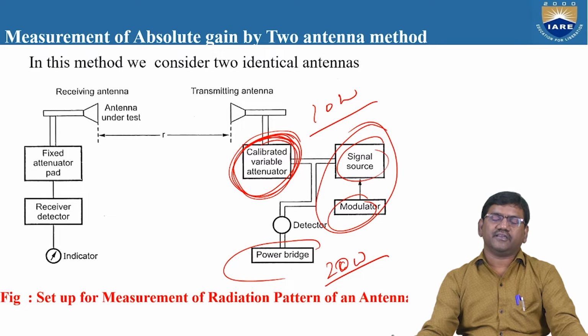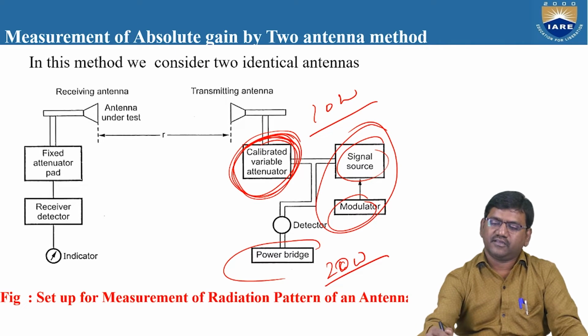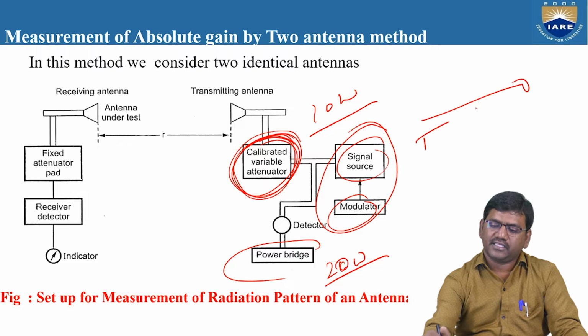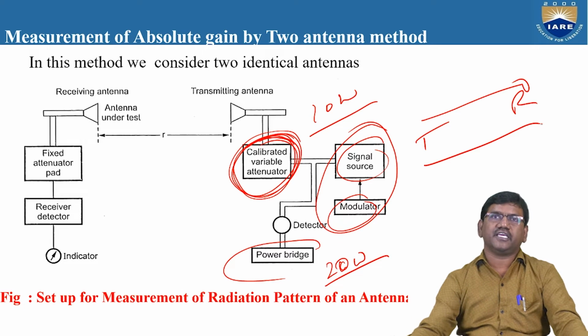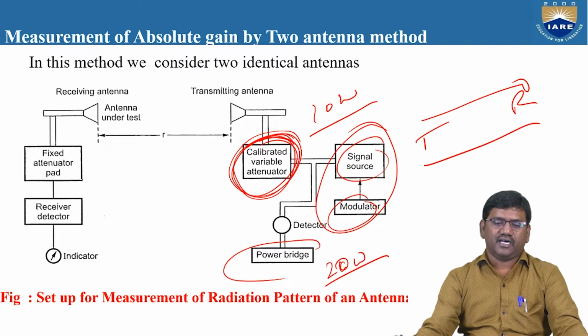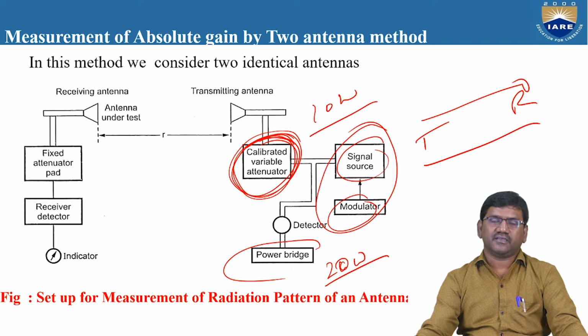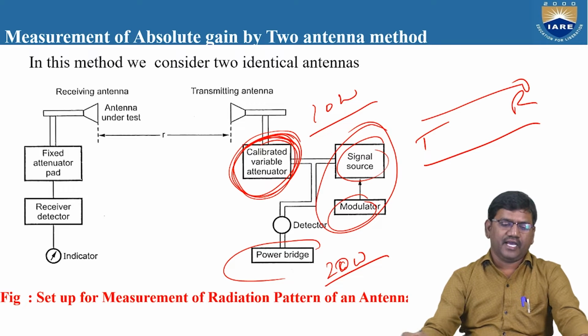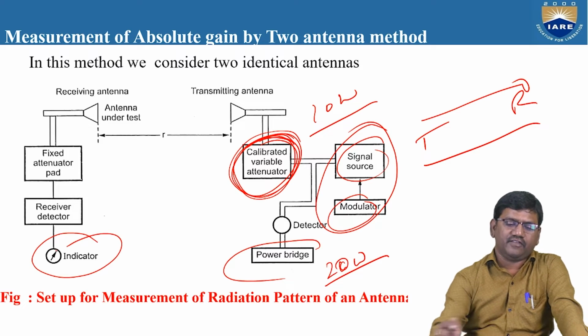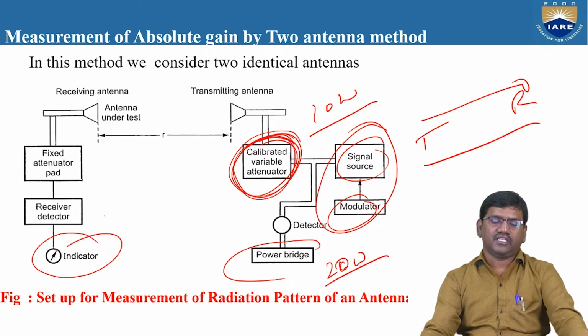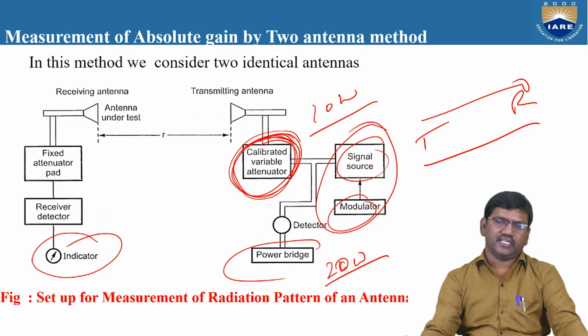Both must be in the same line of sight, on the same axis. The alignment must be such that the maximum amount of energy is captured by the receiving antenna from the transmitting antenna. And here there is an indicator which records all the energy captured by the receiving antenna.